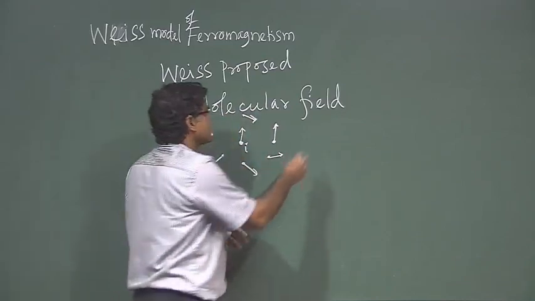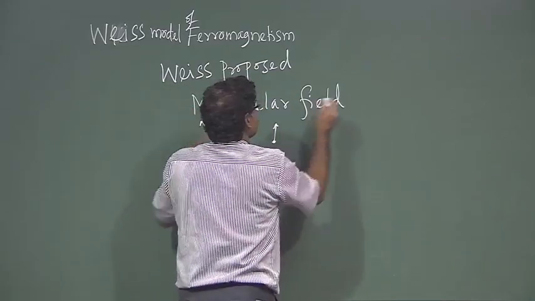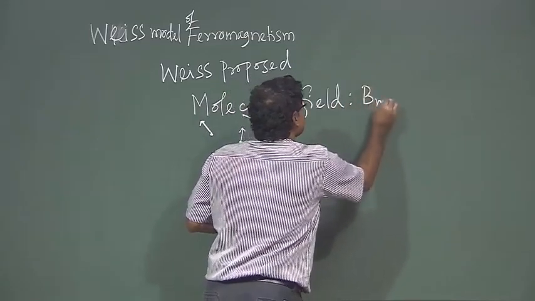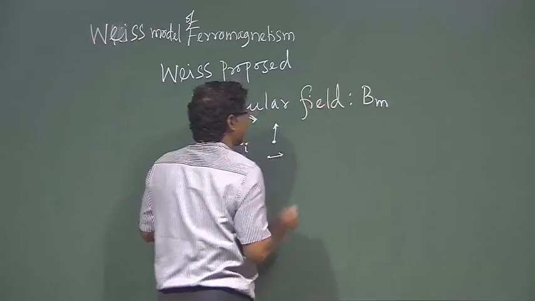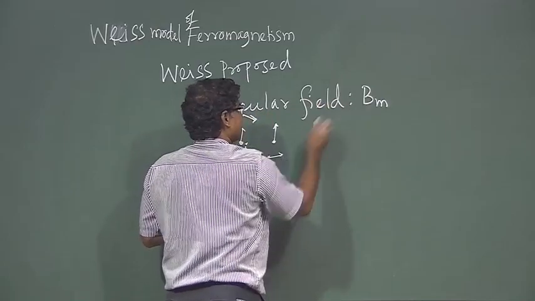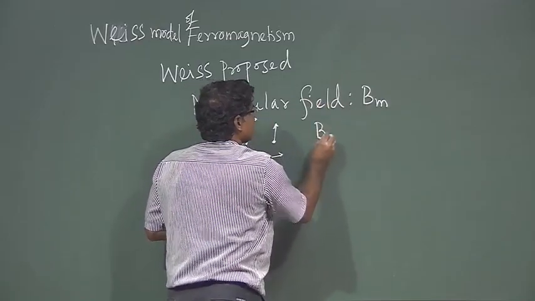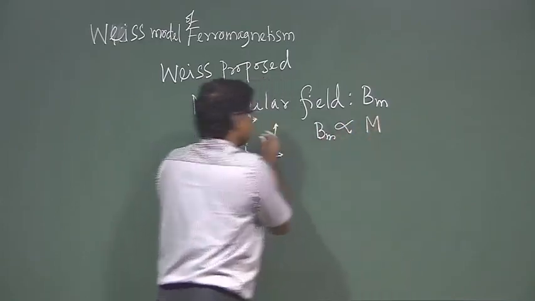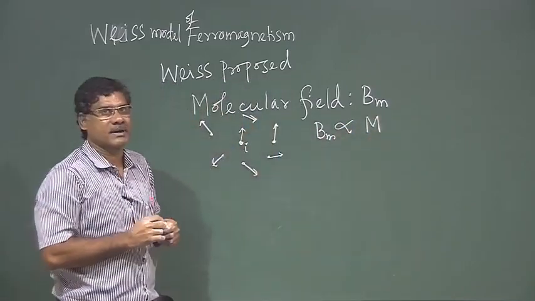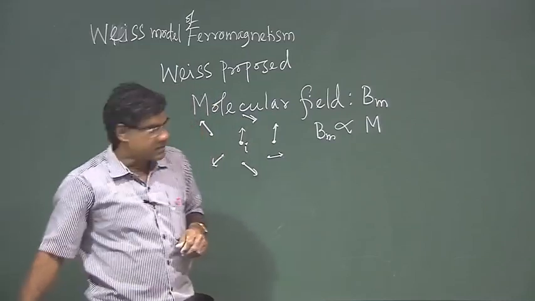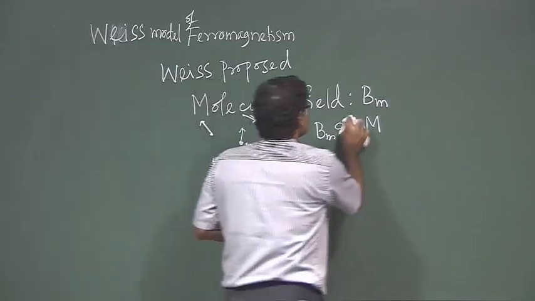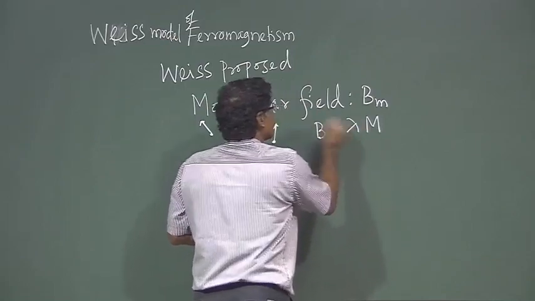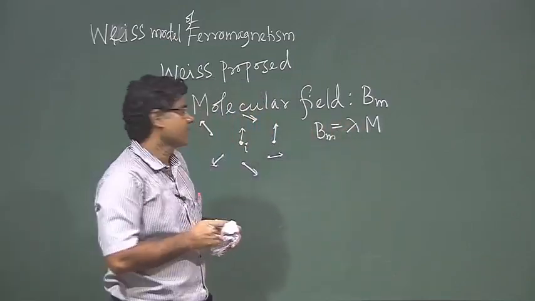Okay. So, it is considered that this molecular field, if we write Bm, the internal field, is proportional to the magnetization of this material. So, this proportionality constant we write as lambda.